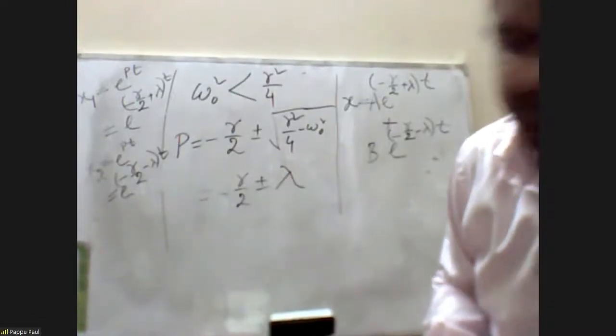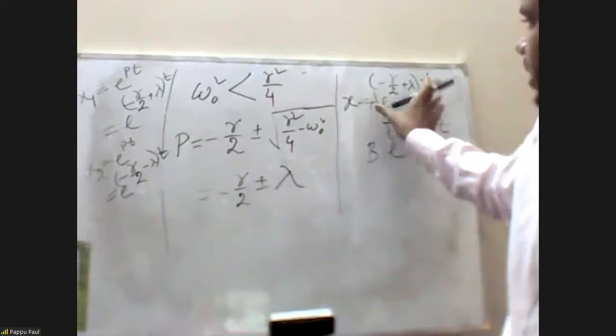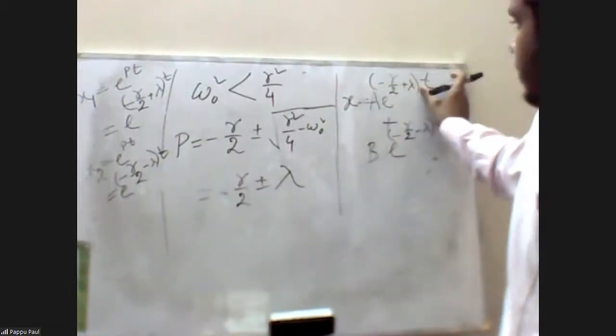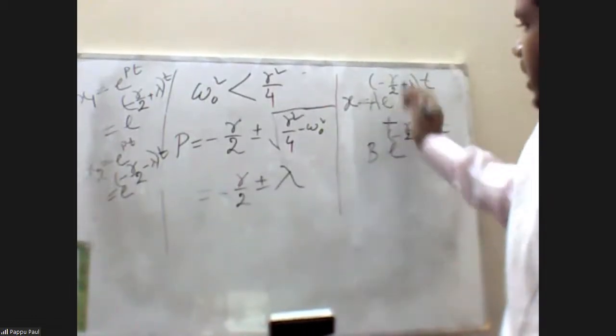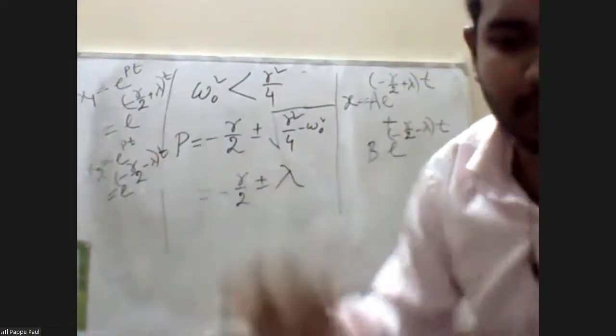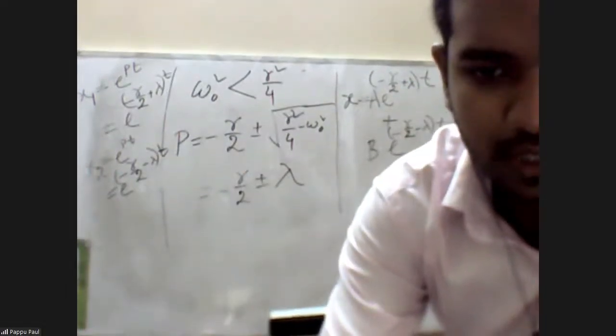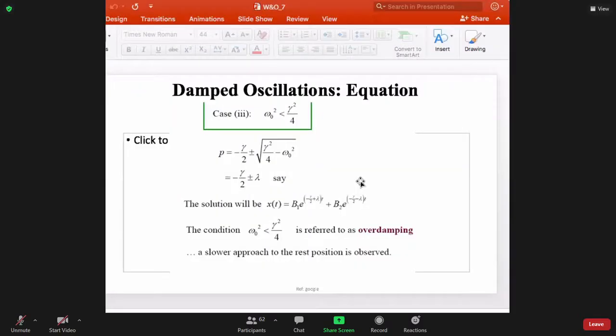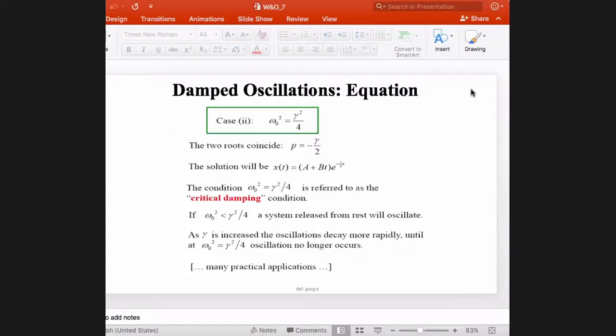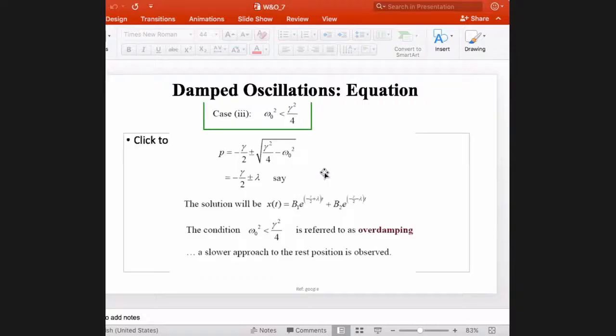So in this case you can see that there is only the exponential part in our equation. And what is the difference from our previous solution? If I share my screen, in case of condition 2, you see that there is an extra t term remaining here, so the decrease of our graph is rapid. But here there is no extra t term multiplied in any solution.